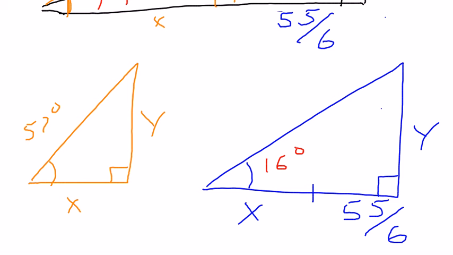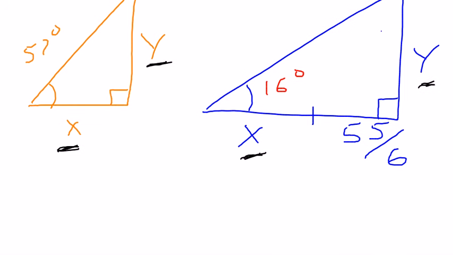Okay, so this problem is more difficult than what we've seen. All the other problems, we only had one variable to deal with. Okay, and then we could solve for that variable. This problem has two variables that are going to go into our function. Okay, the function we're going to use is tangent. So this problem would be tangent 57 equals y over x.